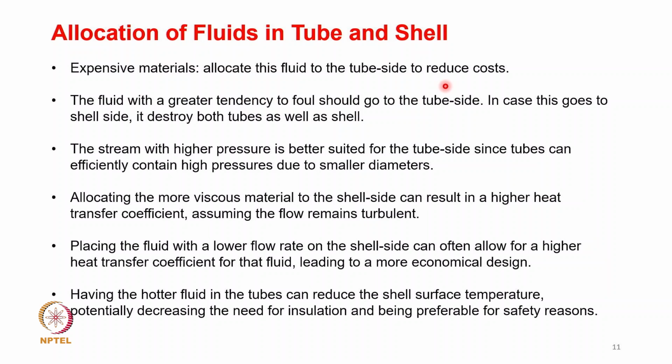This is to reduce cost and minimize loss. When it passes through the tube there are minimal obstructions, so you would be able to save cost due to less wastage.